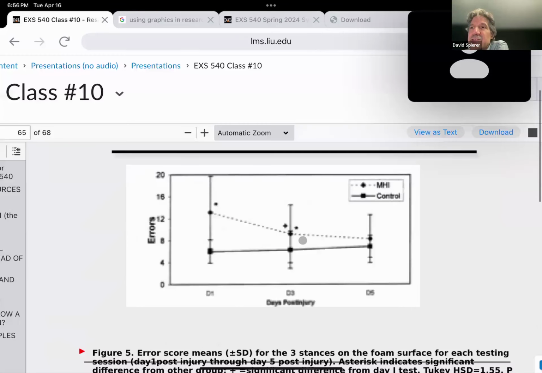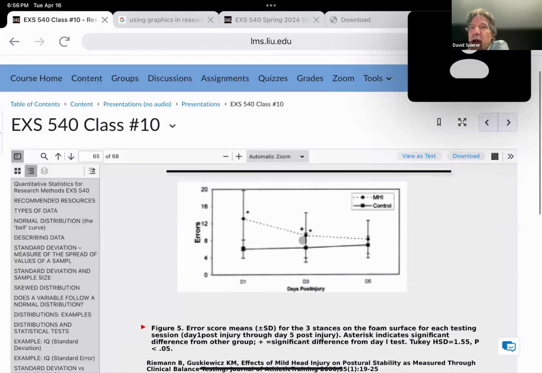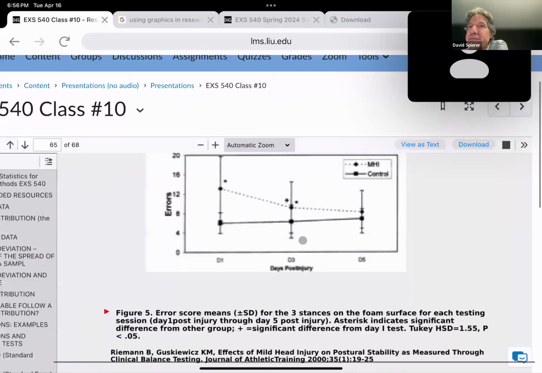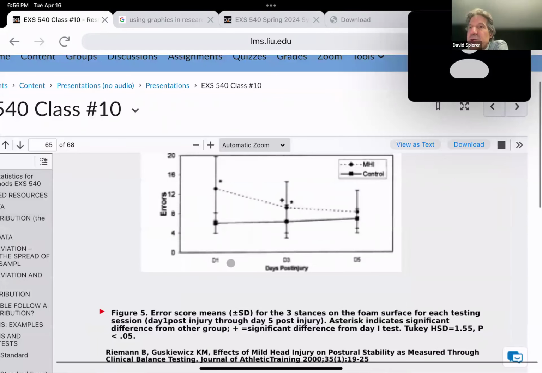These are different stances, like standing, right? They either stood on a foam surface, or on the ground, or I think on one foot. And this was after a head injury, day 1, day 3, and day 5.